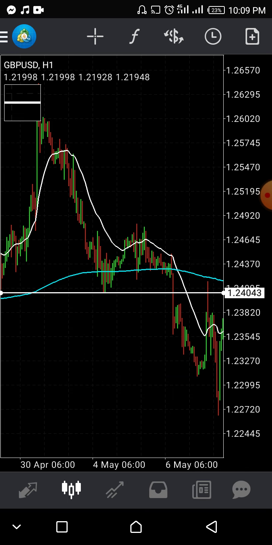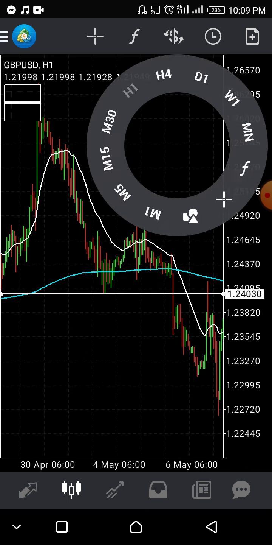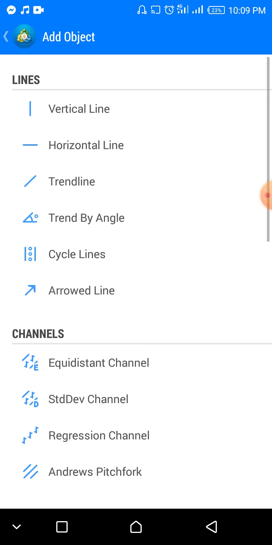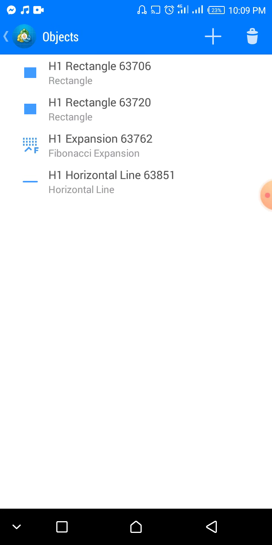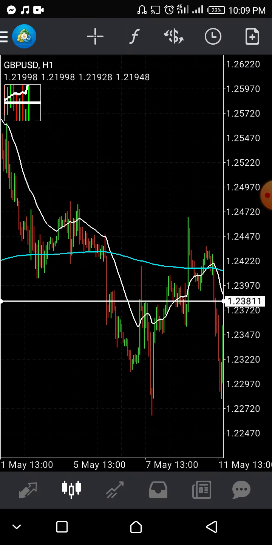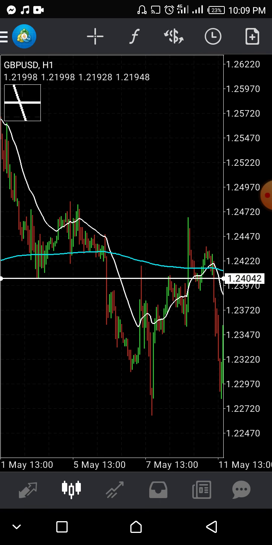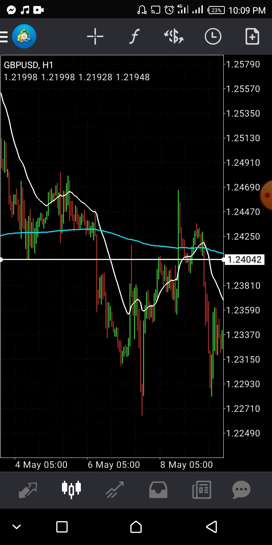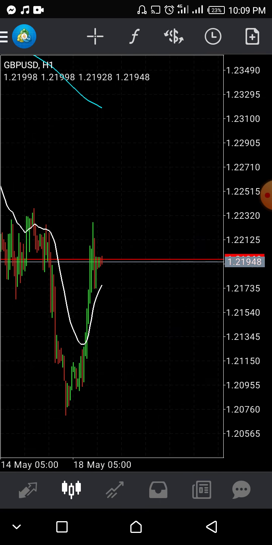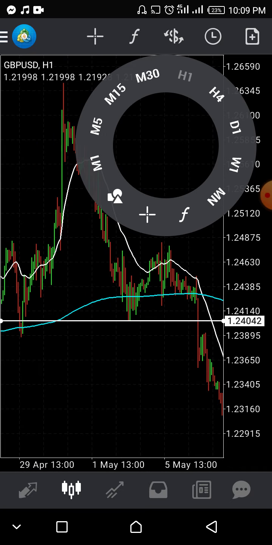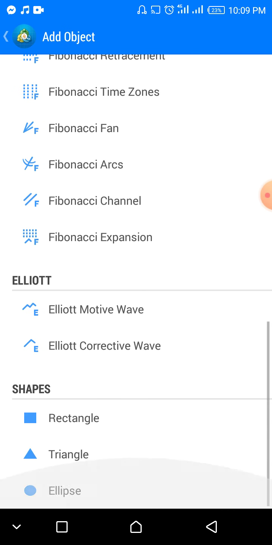So once the market gets back to this point, that's where I sell. Okay, so I'll have a sell stop at this point, and I'll sell at this price, which is 1.24042, and taking my expansion, I'll be able to predict my take profit.